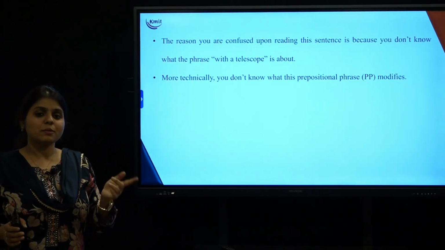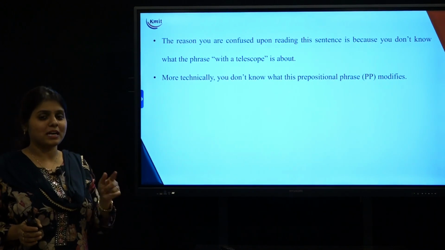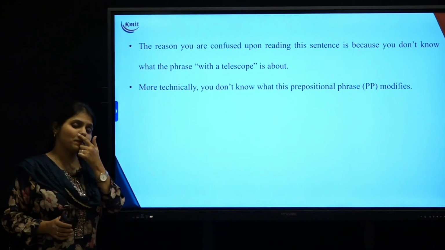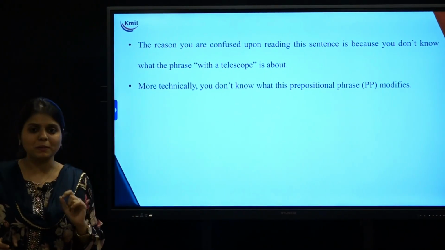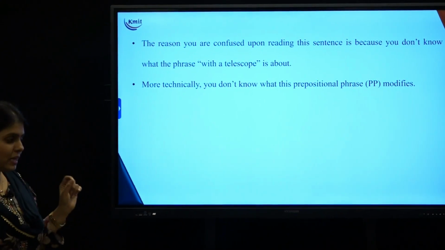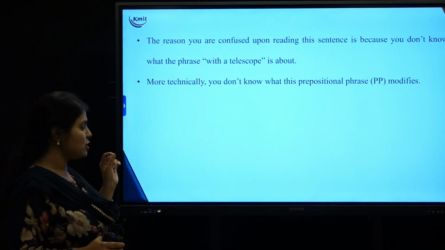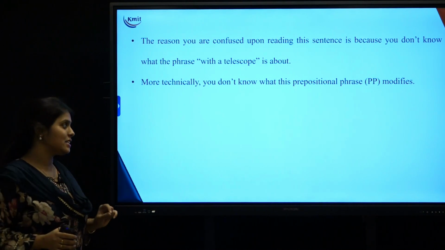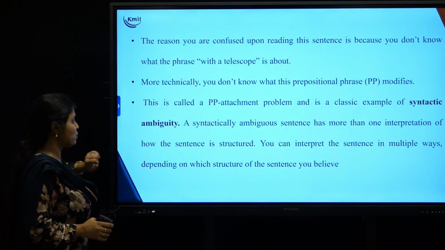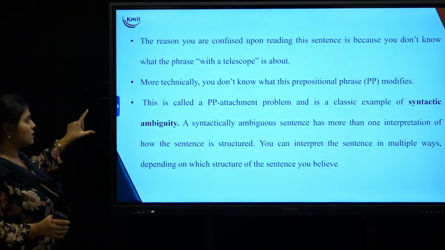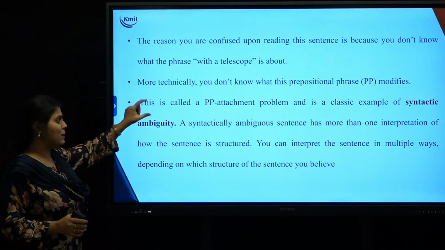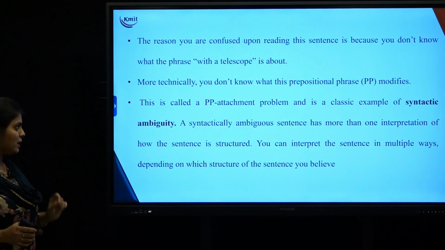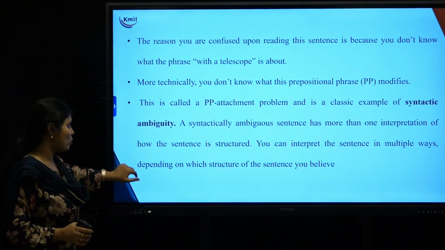The machine should understand the actual meaning, but it is confused here because it doesn't know about prepositional phrases, PPs. Making the machine understand prepositional phrases is one of the challenging tasks in natural language processing. This problem of PP attachment is called syntactic ambiguity. So this is one kind of problem that we face.